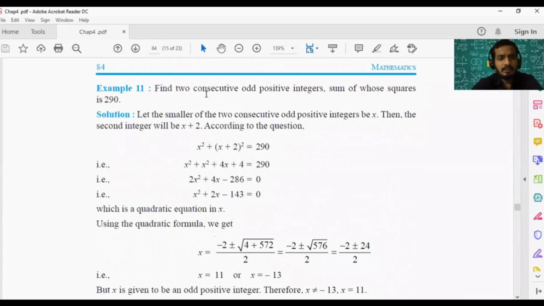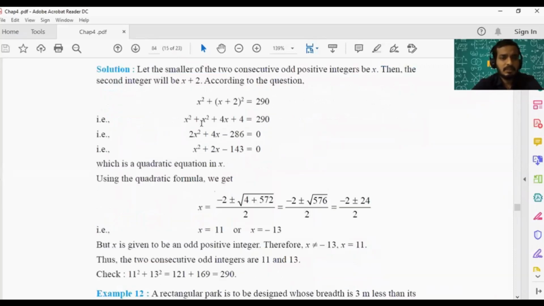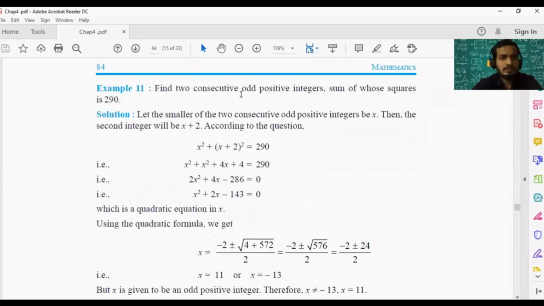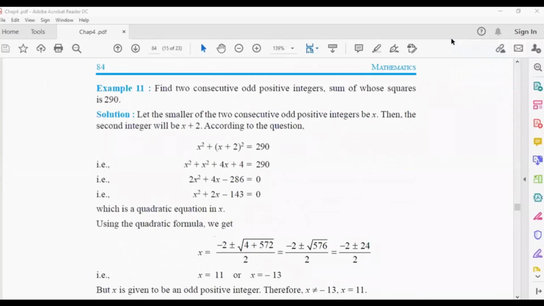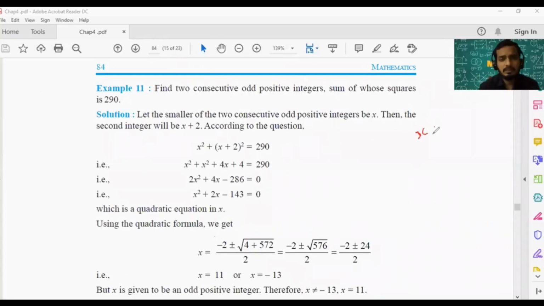Okay, the question is like this: find two consecutive odd positive integers, the sum of whose squares is 290. So how can we take two consecutive odd numbers? We can take x and x plus 2. x and x plus 2 are two consecutive odd numbers.